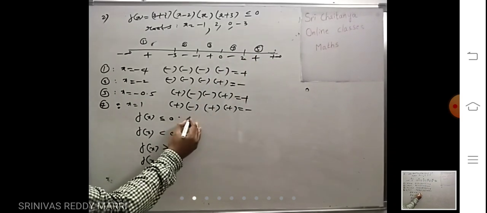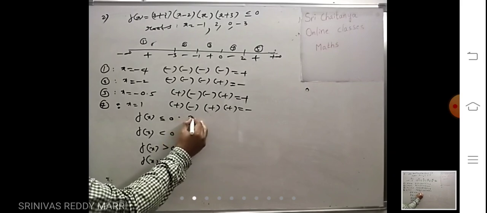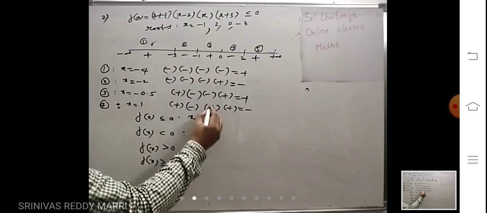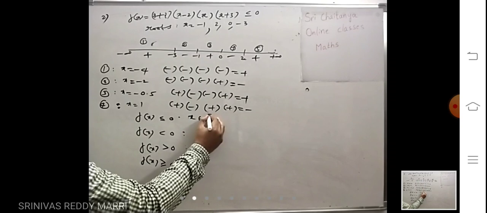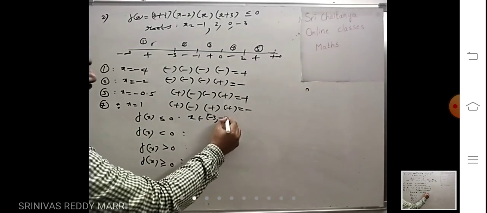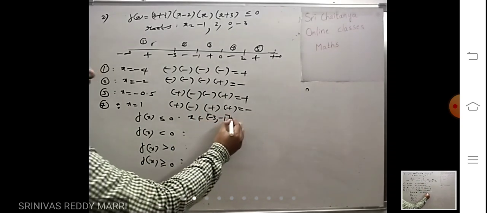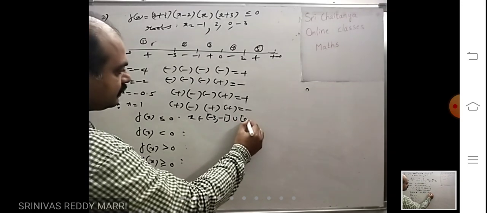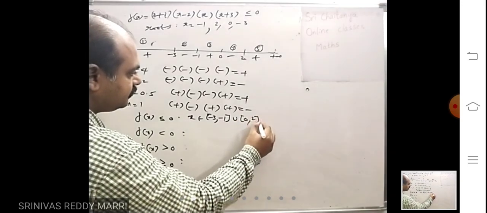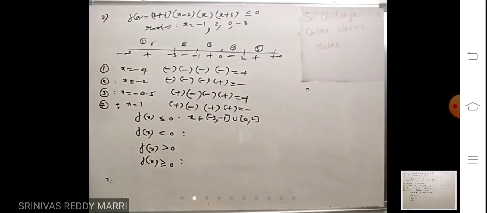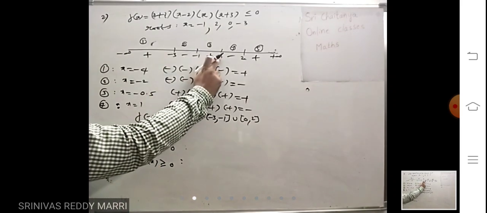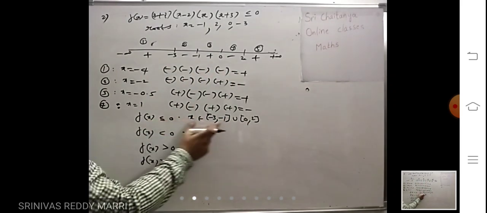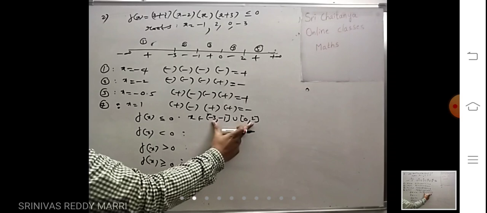So less than or equal to 0 means negative intervals: minus 3 to minus 1 union 0 to 2, right? Equal to 0 means all in closed brackets.